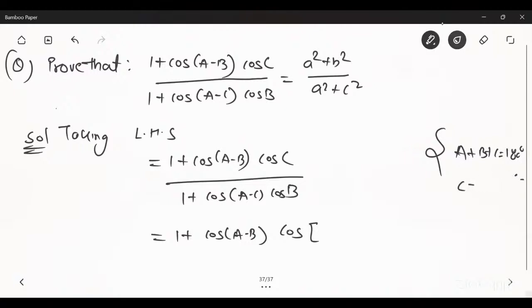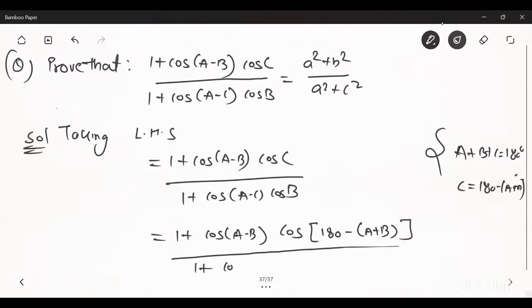So C is equal to 180 minus (A plus B), cos of 180 minus (A plus B), and in the denominator 1 plus cos (A minus C), cos of 180 minus (A plus C). So cos 180 minus theta is minus cos theta.